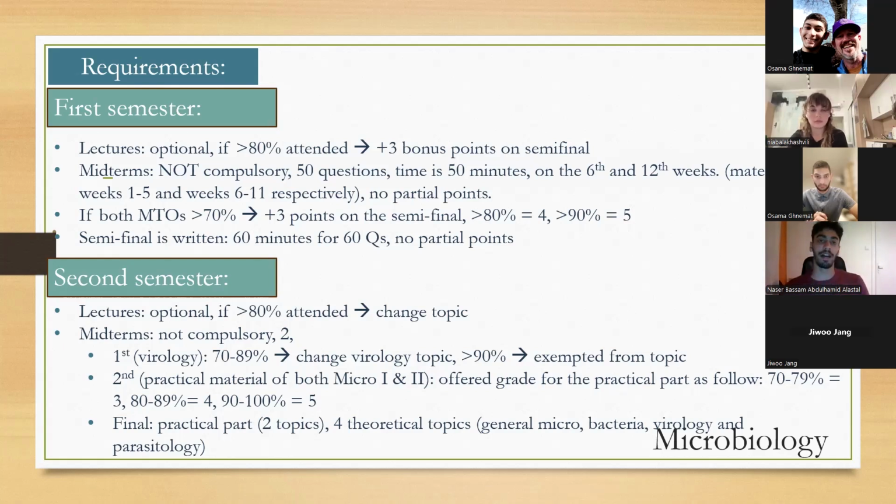And for the final, I know maybe some of you have read about it. There are 6 topics for the people who didn't get exempted from the virology or the practical. There'll be 2 practical topics and 4 theoretical topics. I know it's a lot, but trust me, guys, the examiners are really good. They don't ask in depth like the lectures.